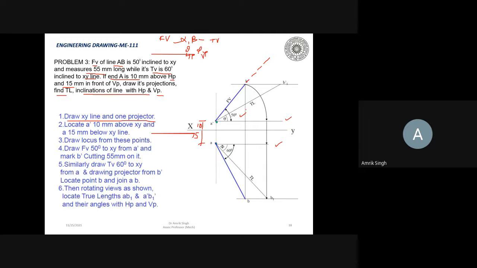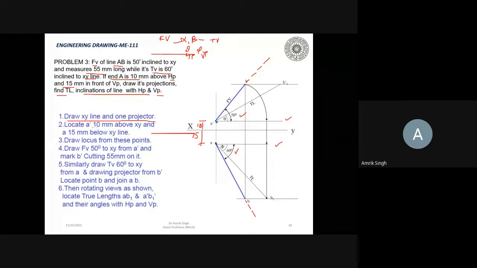And then you can draw this from here. If you see what else is given here, it is given while its top view is 60 degree with the inclined line to XY. So it is 60 degree, it is given. Okay. Top view is drawn. So this line is known to you. So this is 60 degree. Okay. Now, so that means this 60 degree, this line is there.